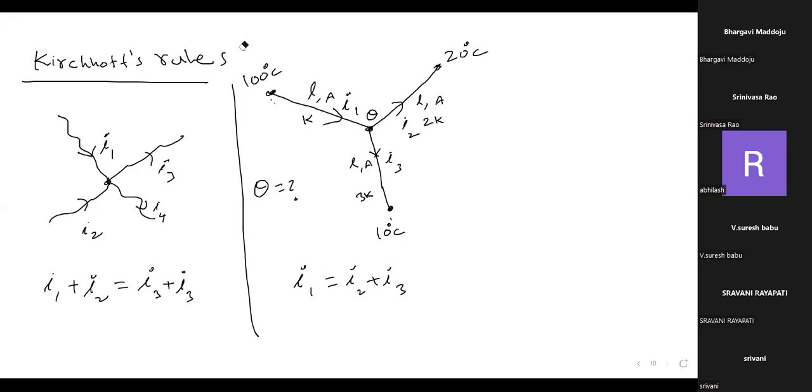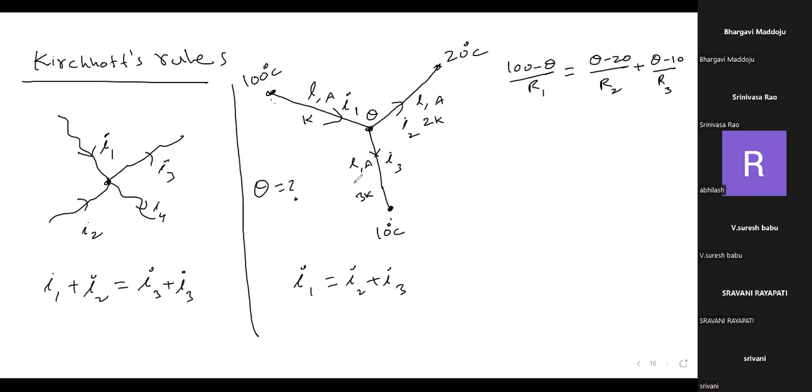Now we can write this as temperature difference 100 minus theta, divided by R1. Second rod: temperature difference is theta minus 20, divided by R2. Third rod: temperature difference is theta minus 10, divided by R3. This model is very important here.